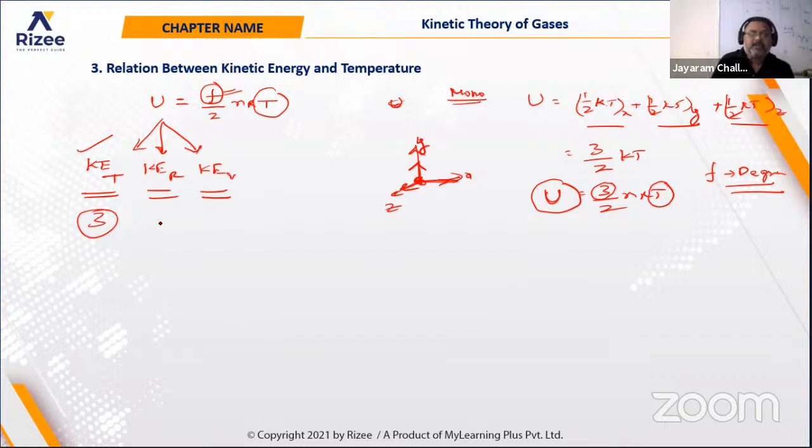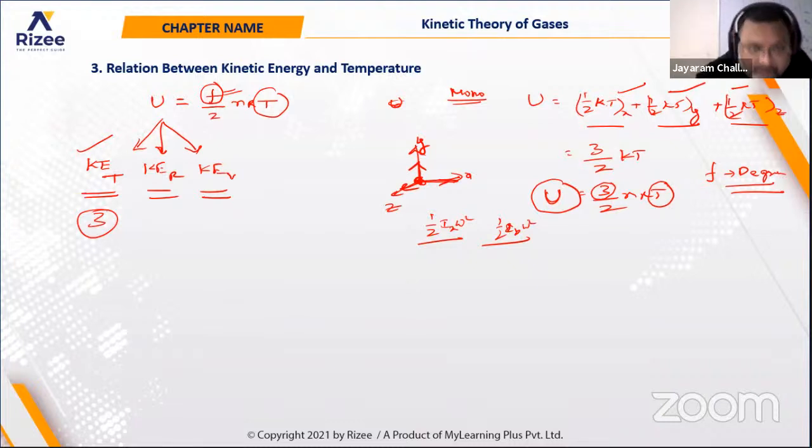Coming to the rotational kinetic energies, as I've already mentioned, the rotational kinetic energy is half I omega squared, half I y omega squared, like this. So rotational kinetic energies it will have, and the vibrational kinetic energies also for the triatomic or polyatomic gases.